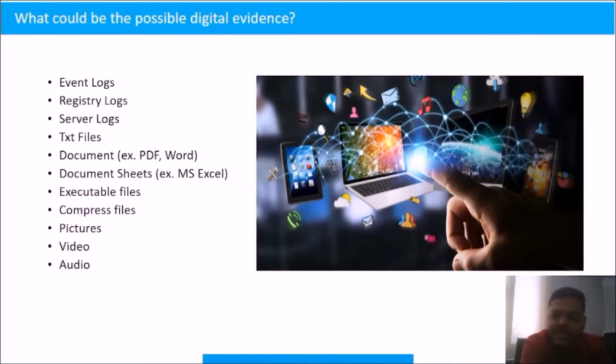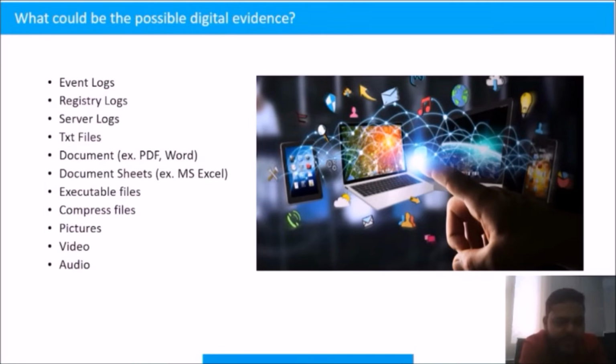Now the registry log. This is similar to a register. Like when somebody enters an organization, we have to make an entry of the person. The same thing happens in digital media also. When somebody inserts a pen drive or some hardware in a system, that is also an entry, so it will make an entry in the registry log.